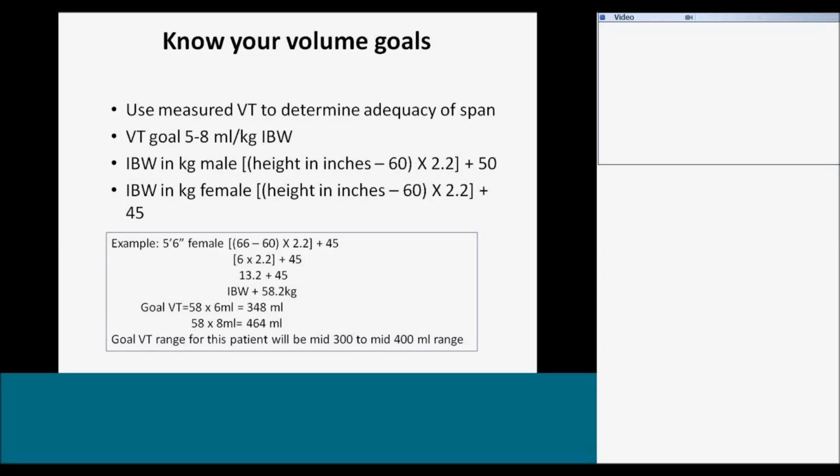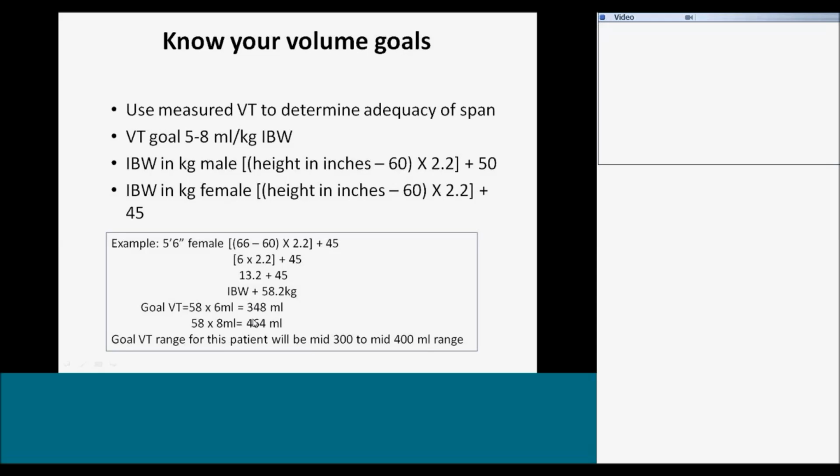A simple example, for a 5'6" female: the math here is actually not right. It should have been 58 times 5 milliliters to achieve the range that we have up here. So 58 times 5 milliliters is the low end of your range, and 58 times 8 milliliters is the high end of the range.